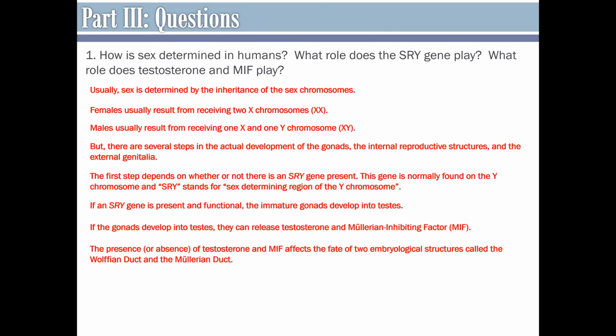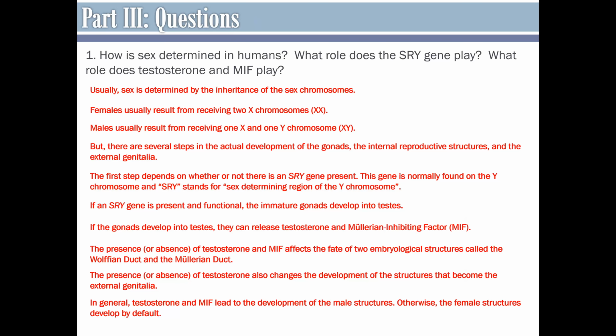The presence or absence of testosterone and Mullerian inhibiting factor affects the fate of two embryological structures called the Wolffian duct and the Mullerian duct. The presence or absence of testosterone also changes the development of the structures that become the external genitalia. So in general, testosterone and Mullerian inhibiting factor lead to the development of the male structures. Otherwise, the female structures develop by default.